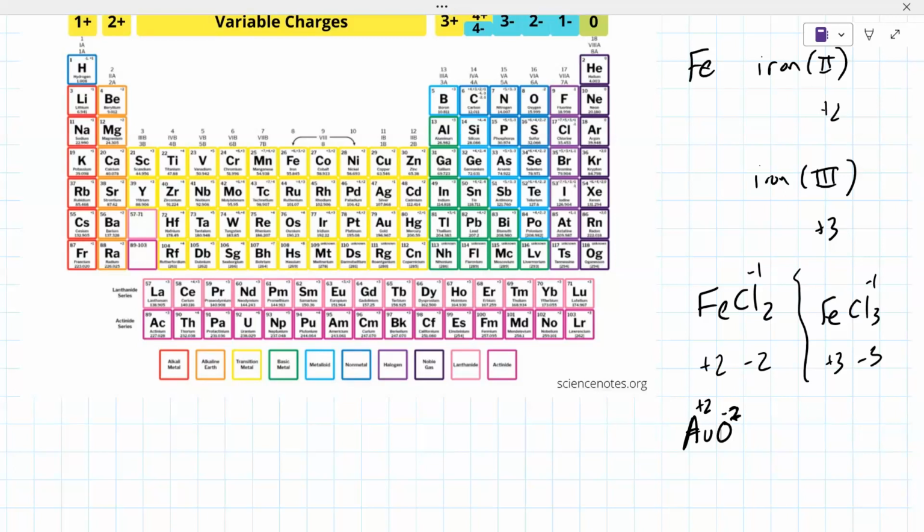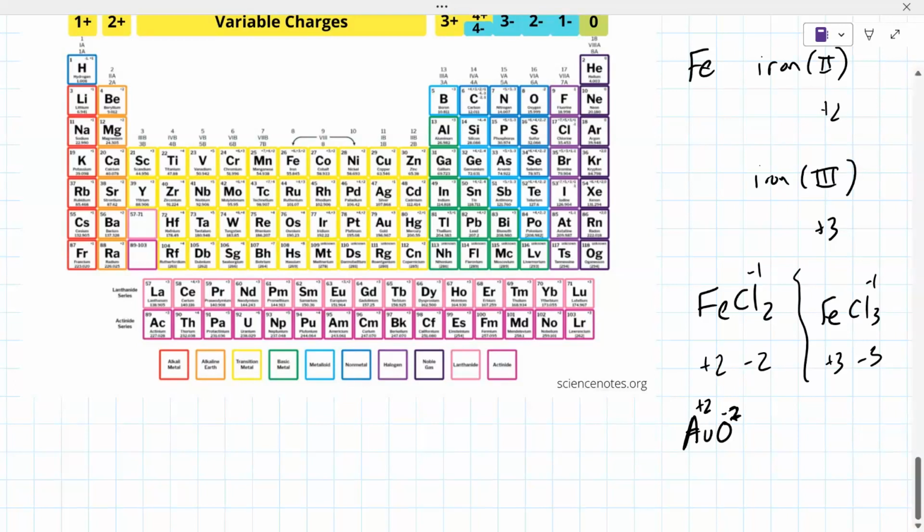Wait, I want to try it. So it's basically the opposite if it doesn't have a charge. Yeah. So since O is minus 2, Au would be plus 2. Exactly. Oh, okay. That's not that hard. Okay, cool.